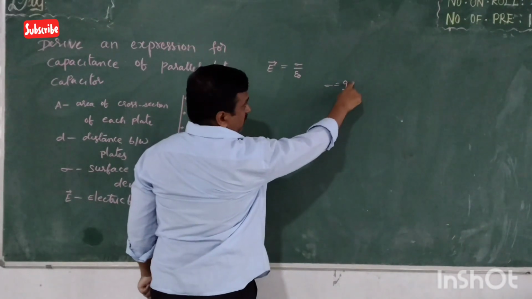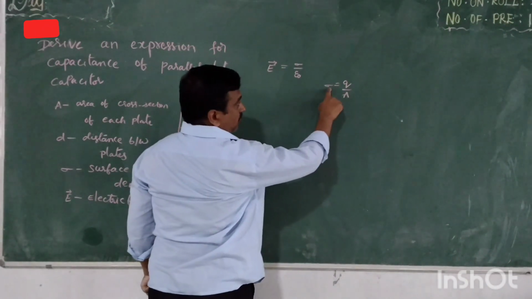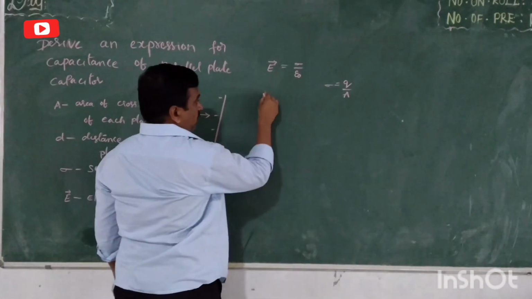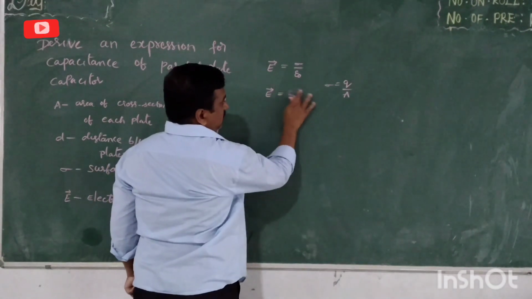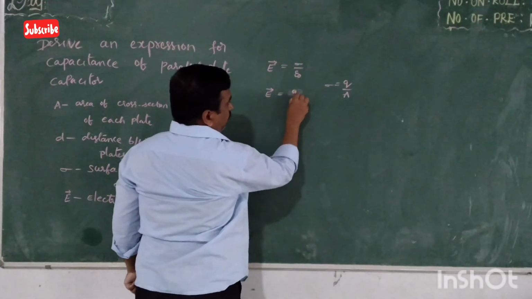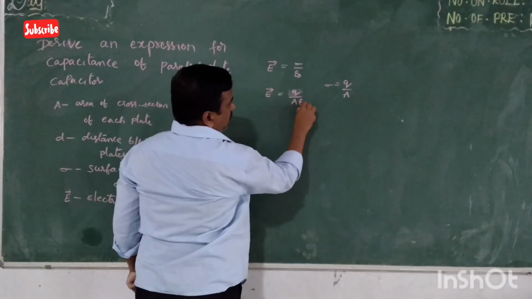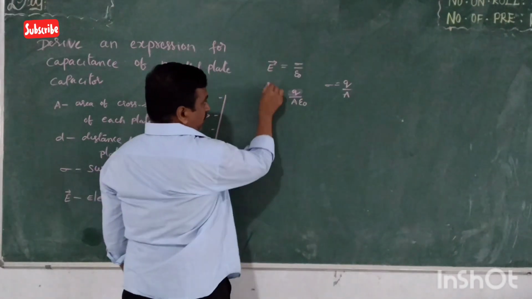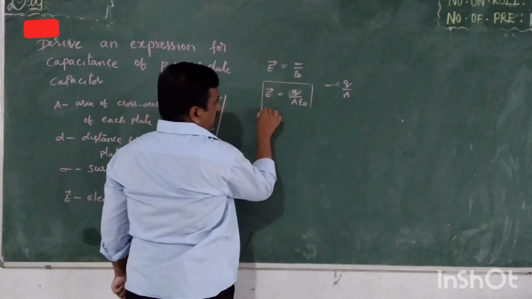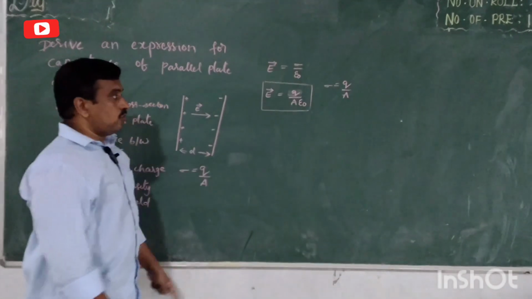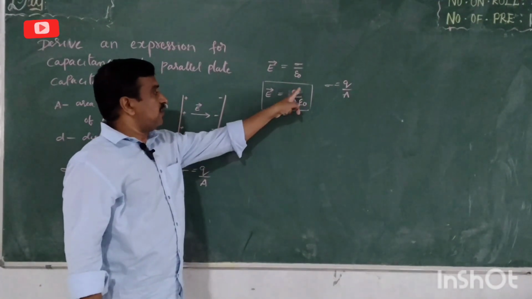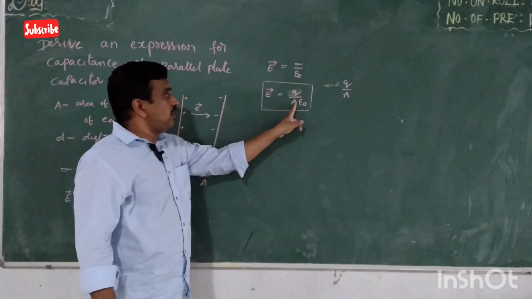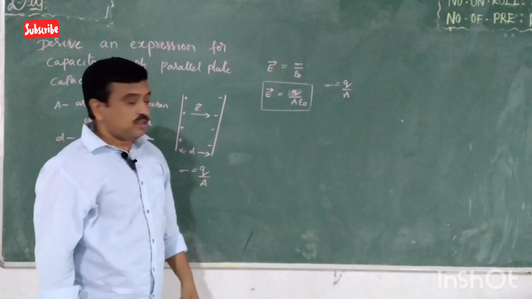So the electric field between the plates is E equal to Q by A epsilon naught.